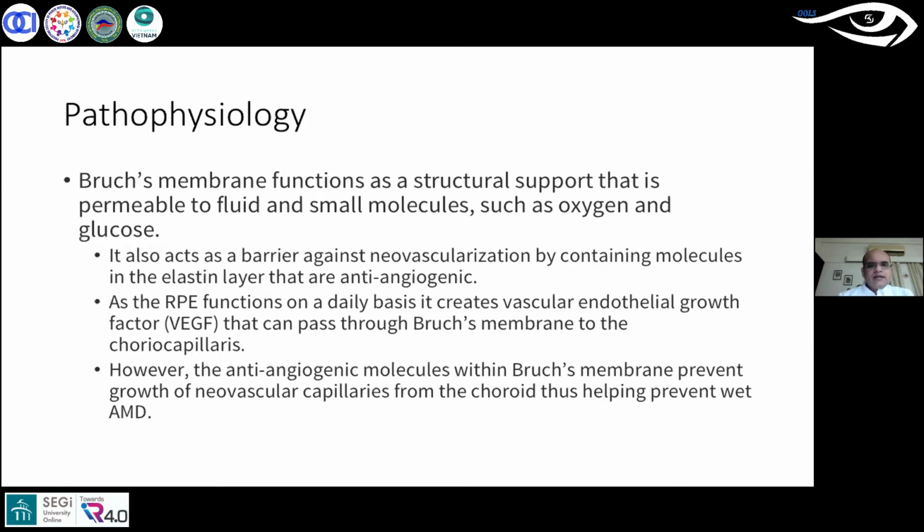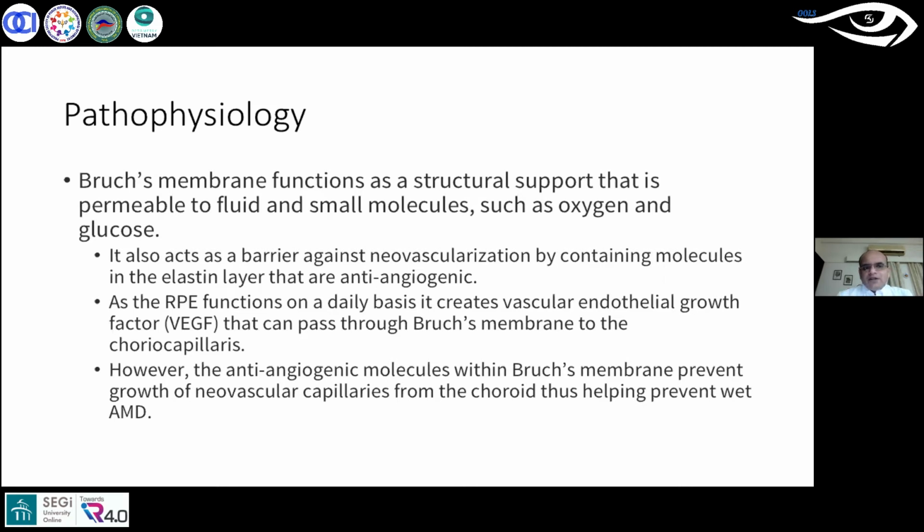This it does by containing molecules in the elastin layer that are anti-angiogenic. So basically, imagine an anti-vascular layer that has been coated onto the Bruch's membrane, and that protects the retina from neovascular fronds creeping in.